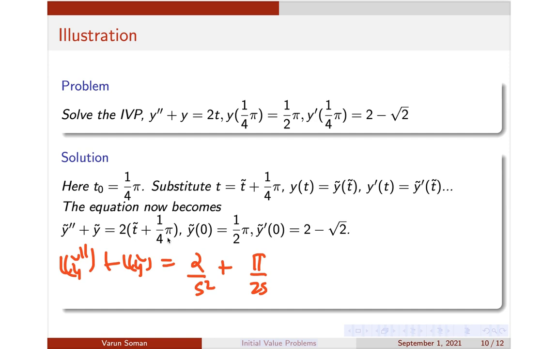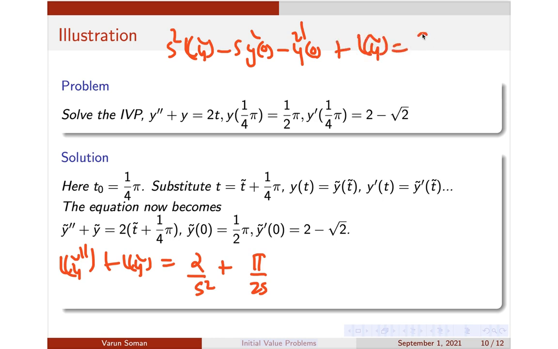When you apply the Laplace transform of 2 into 1 by 4, 1 by 2 into pi, it is simply pi by 2s. Then the LHS will be s square into L of y tilde minus s into y tilde of 0 minus y tilde dash of 0, plus L of y tilde is equal to 2 by s square plus pi by 2s.